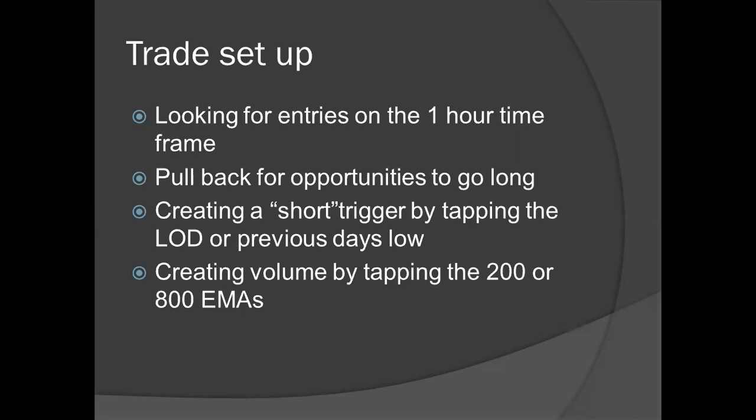Now, what you are going to be waiting for are pullback opportunities to actually go long, right? So you're not going to just sit there and say, okay, I'm just going to buy it anytime. You need to wait for some sort of a retracement to come in within the right space or within the right time, and then you can go long, right? Create a short triggering by tapping the LOD or previous day's low.